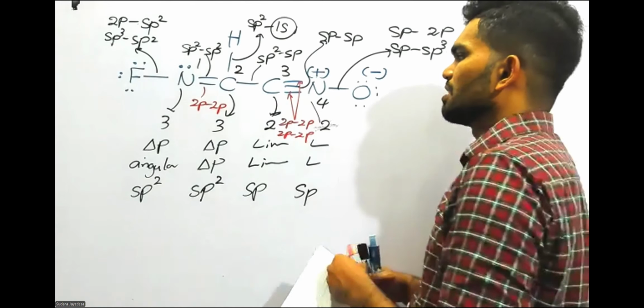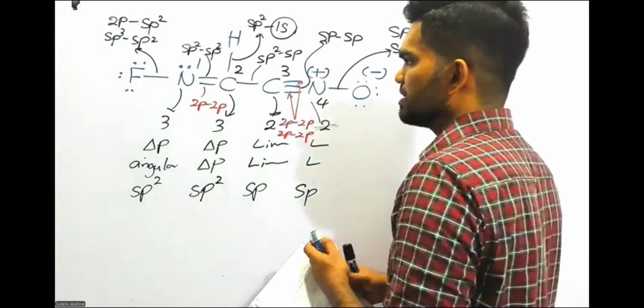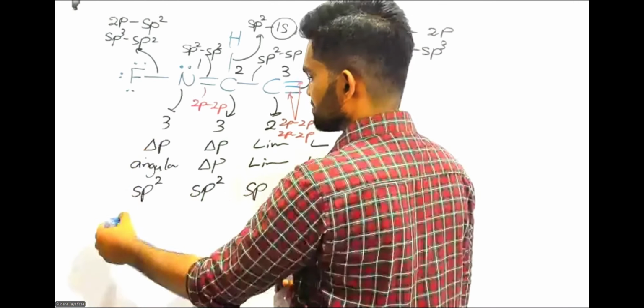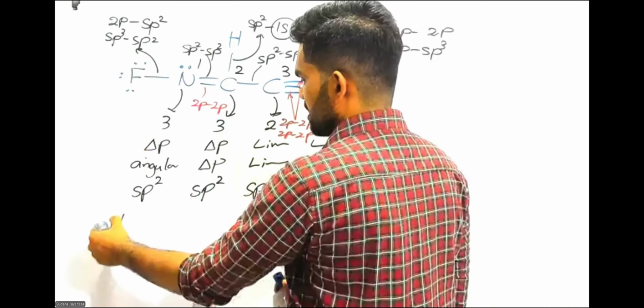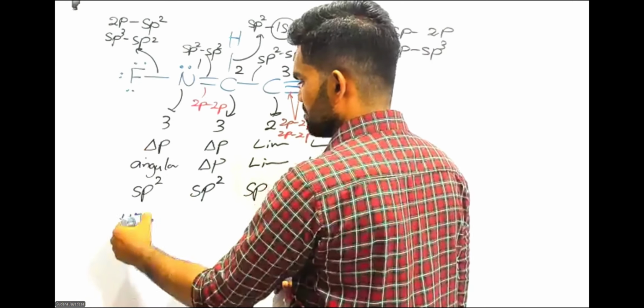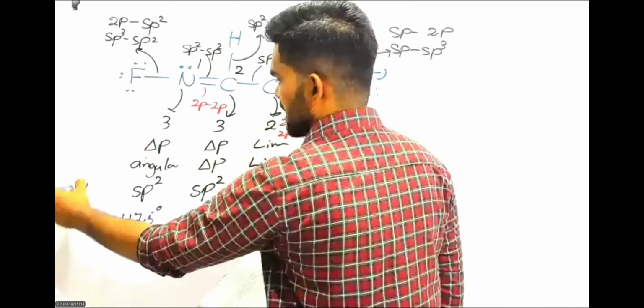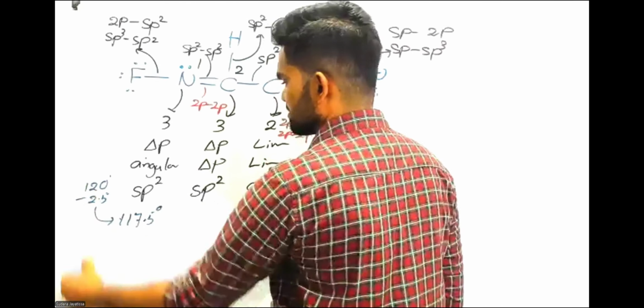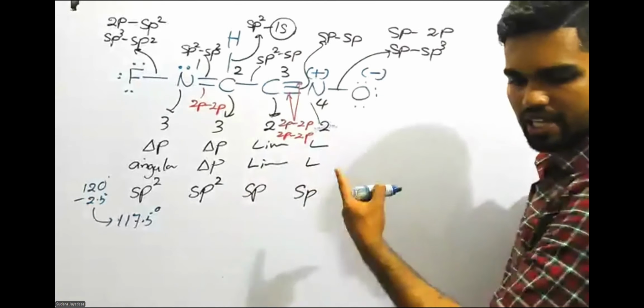Right, and they're asking you the bond angles around N1, C2, C3, and N4, the central atoms. The bond angle around this one is trigonal planar with one lone pair, so it's going to be 117.5 because we have to subtract 2.5 for one lone pair. I'm going to draw that later and explain.